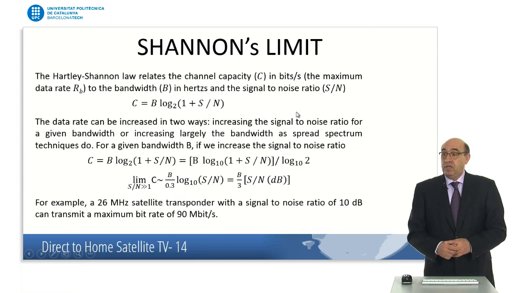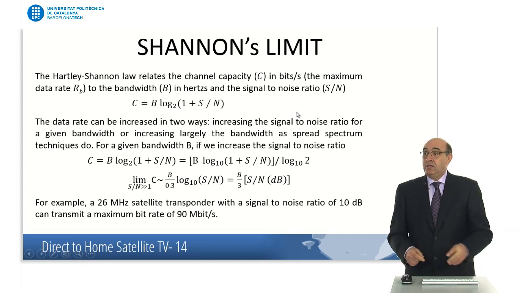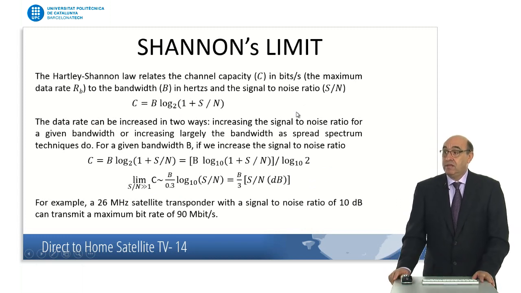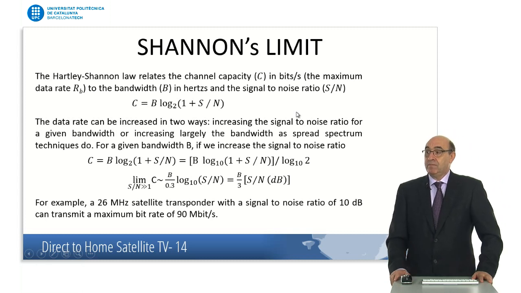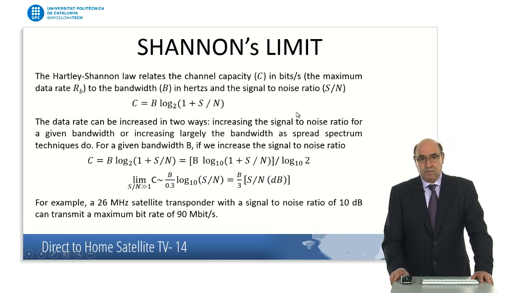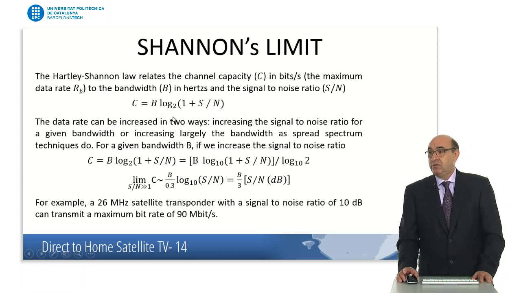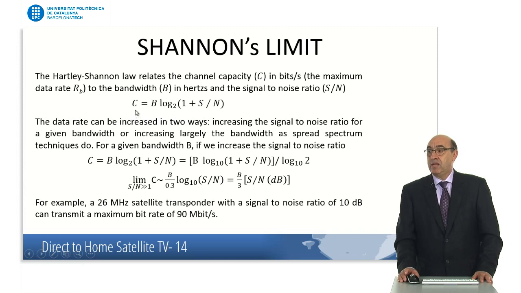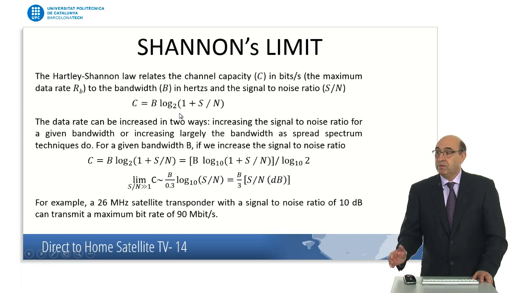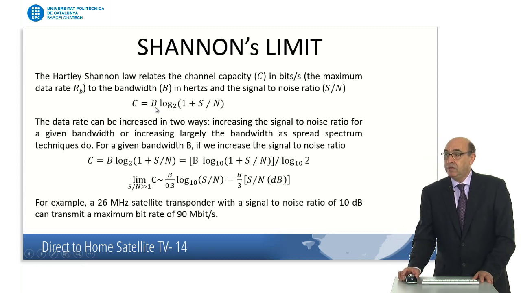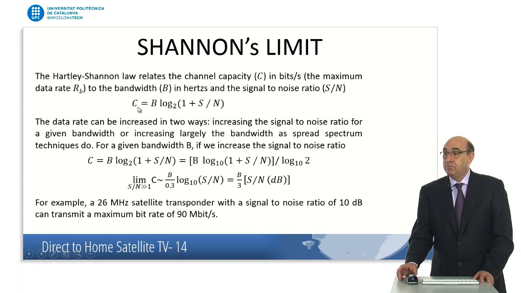You should also take into account the limits, in the sense of the spectral efficiency you can get from this communication channel, which is governed by Shannon's law. It tells you that the maximum data rate, or the channel capacity for a given bandwidth, is related to the signal to noise ratio by a log base 2, and the units are hertz, and in this case bits per second.